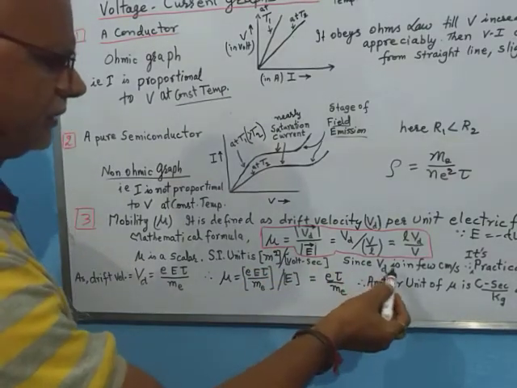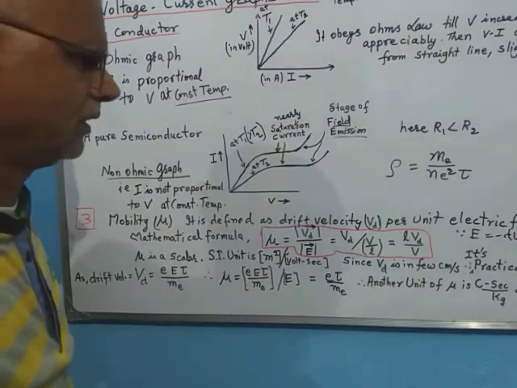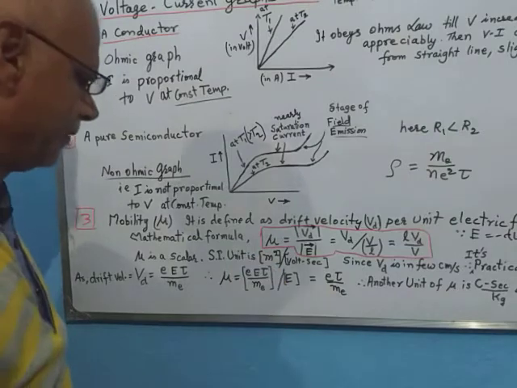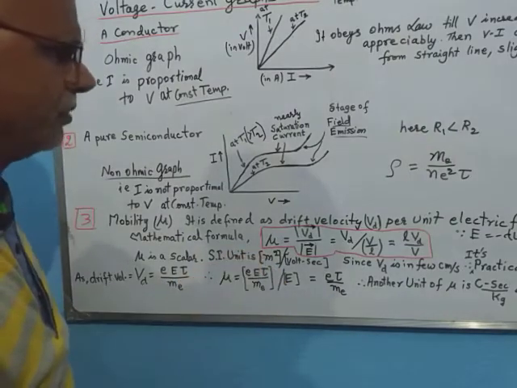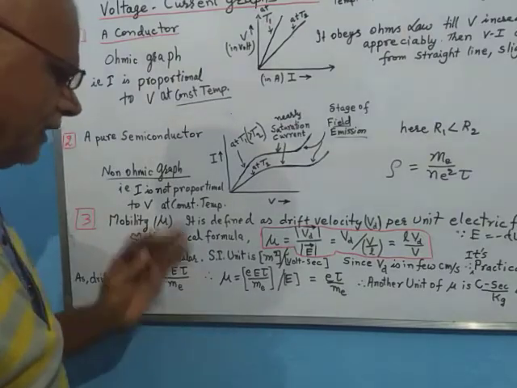Since drift velocity is in the order of a few centimeters only, usually instead of mentioning it in meter square, we mention it in terms of centimeter square per volt second.